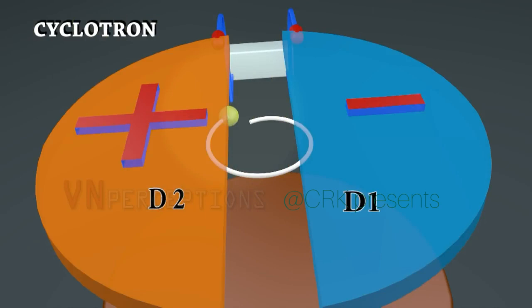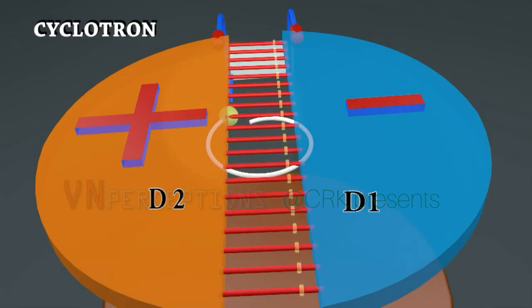Now D2 becomes positive and D1 becomes negative. When it comes out of D, it again comes under the influence of the electric field. The electric field accelerates the charged particle. The particle would now move from D2 to D1 because its velocity would increase to v2.